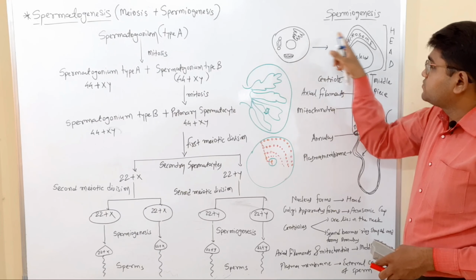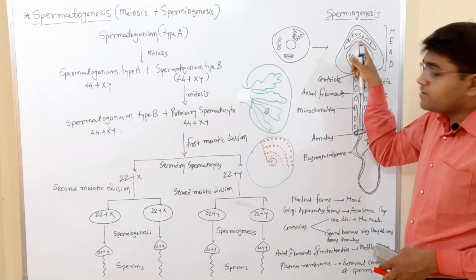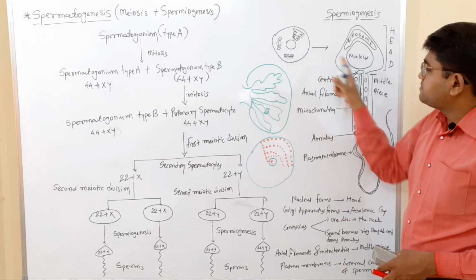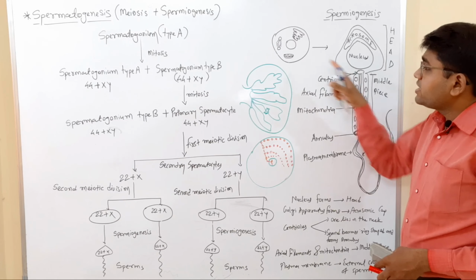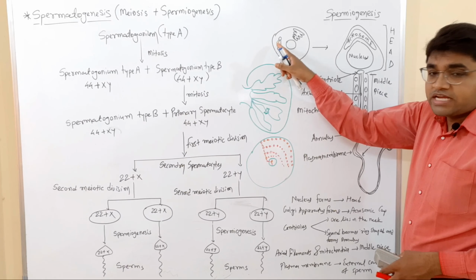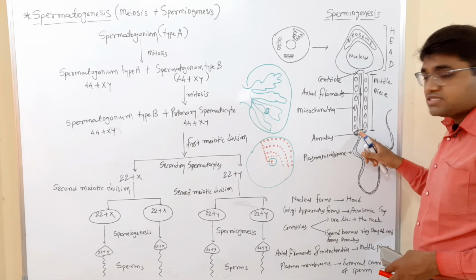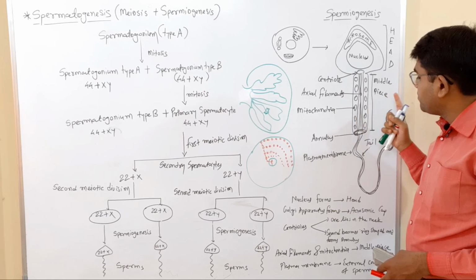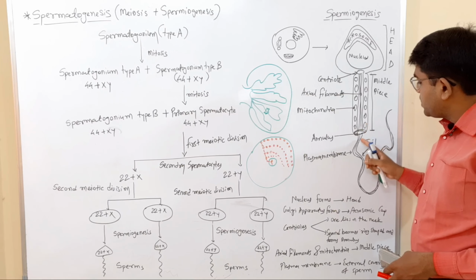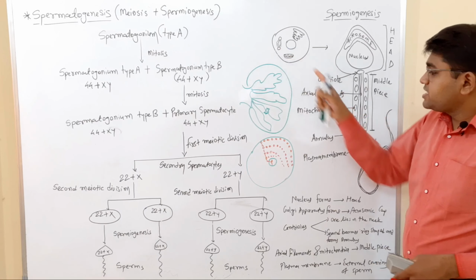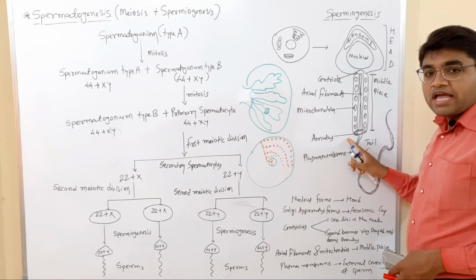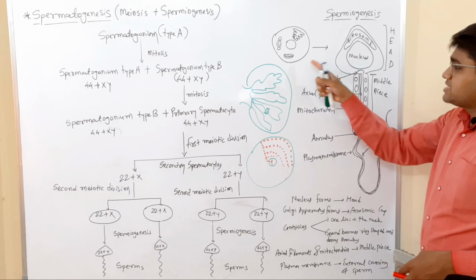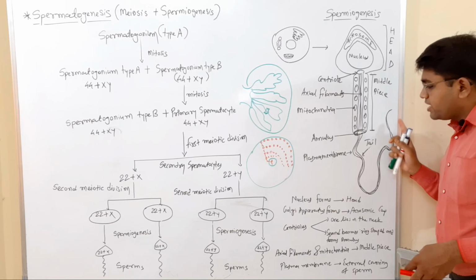Then the Golgi complex forms the acrosomal cap. Centrioles divide and one is placed in the neck. The axial filaments of these centrioles form the middle piece, and around that mitochondria are arranged and form the middle piece. At the junction of the middle piece and tail, the second centriole is elongated and forms the annulus, and the cell membrane is elongated and forms the tail.